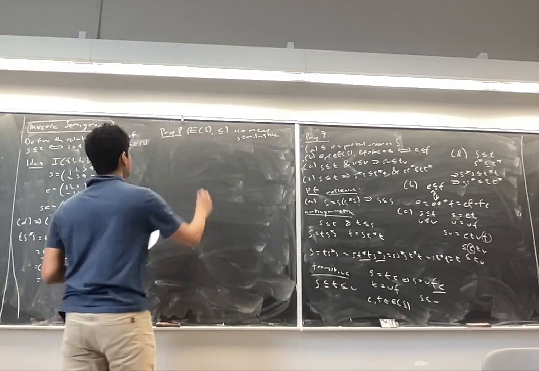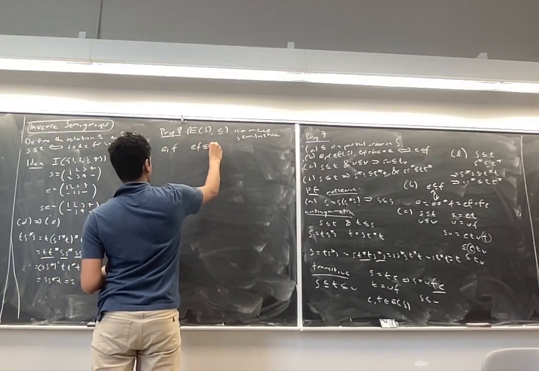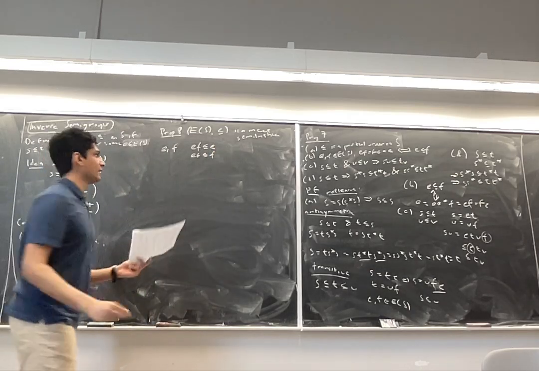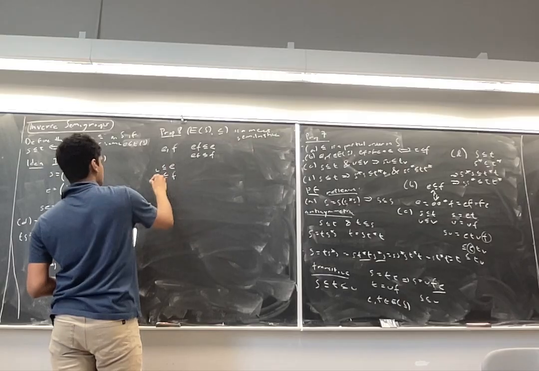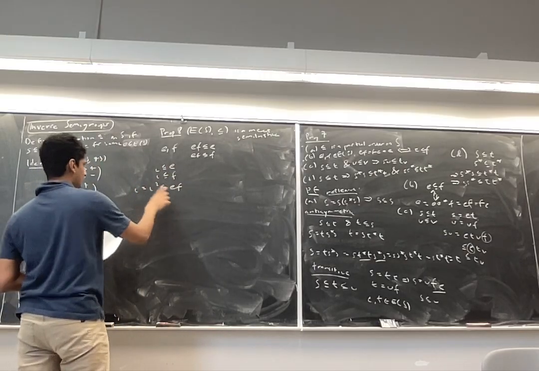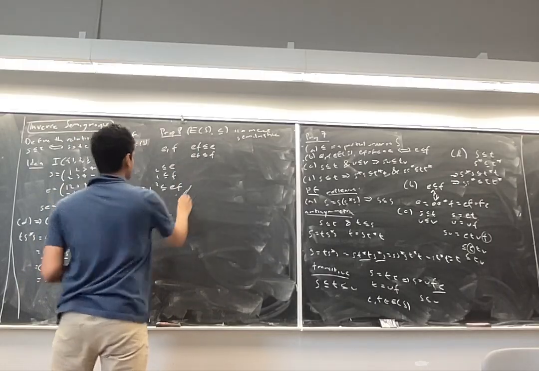So let's do this. For E and F, I already know that EF is a lower bound for E and F. Now let I be some idempotent which is less than both. If I multiply these two things, I get I squared is less than or equal to EF. And so EF is bigger than any other lower bound, so EF is the greatest lower bound.